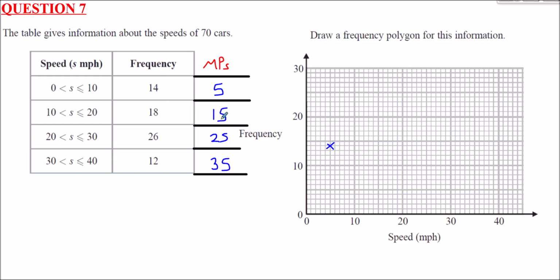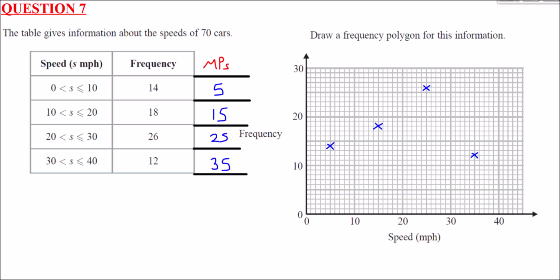The next one, 15 along and 18 up, is going to be that one. 25 along and 26 up is going to be that one there. And then finally, 35 along and 12 up is going to be that one here.